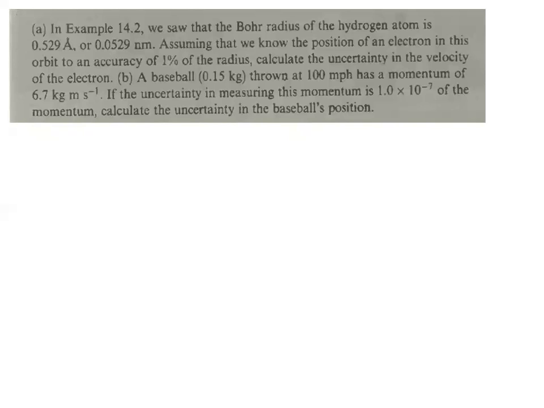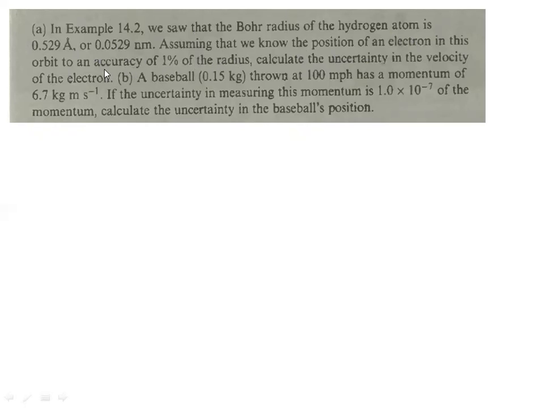So the first one is, like, how you are going to measure. This is the Bohr radius of hydrogen. That means only one electron is there, and the radius is this, and it is explained over here. The position of the electron in this orbit has an accuracy of 1% of the radius.